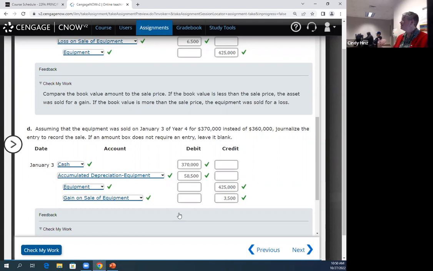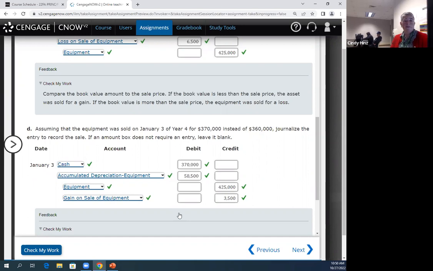But that doesn't mean it has no actual value. We could still sell it, even if we sell it for scrap metal, we could get something for it, and then we would have a gain. So it's possible to have an asset that we call fully depreciated. It has no value left on our books, but that doesn't necessarily mean it has 0 value in the real world.